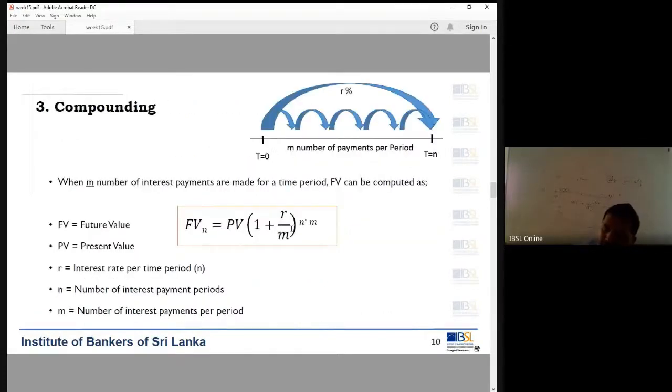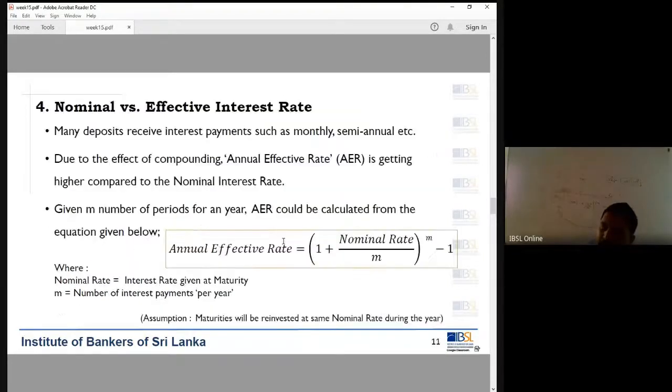You have 1 plus r divided by m, where m is the number of time periods. So the 3 months example is going to be 4 here, because you are going to get 4 time periods if you are looking at a 3-month period for 1 year, 12 months: 3 months, 3 months, 3 months, 3 months.